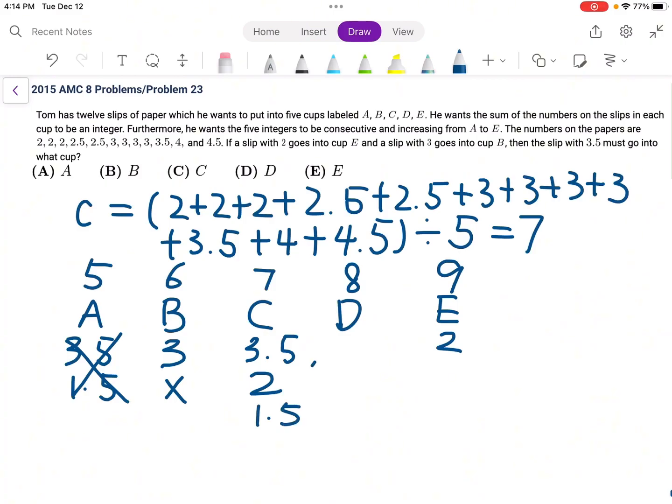So that's not right either. And for E, there's already 2. So it's like we are making up number 7 in cup C. It's the same problem. So the only one left that's possible is D. 3.5 has to be in here. So the answer is D.